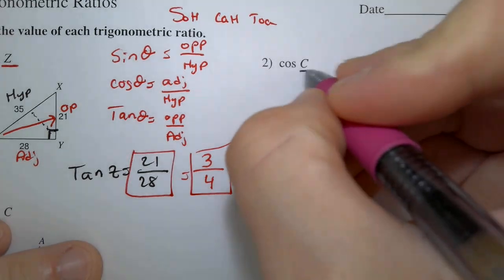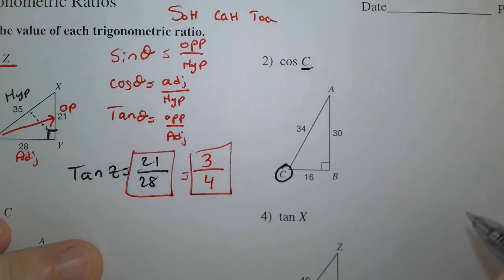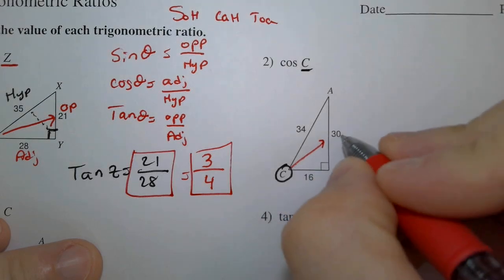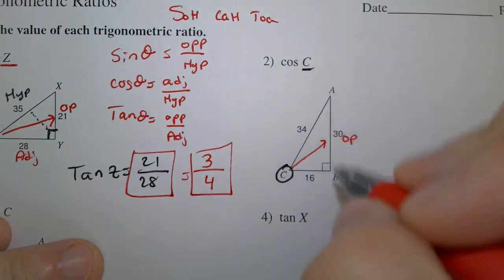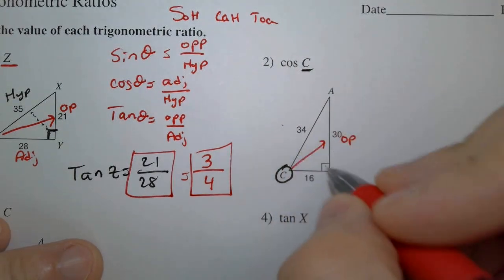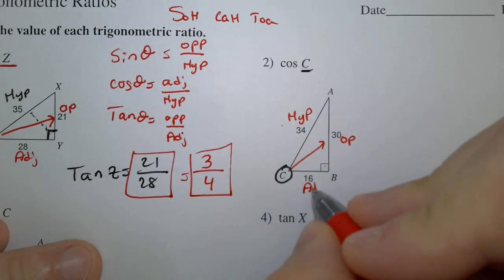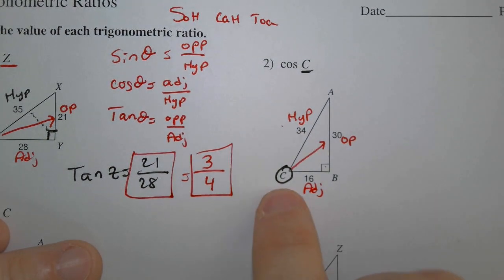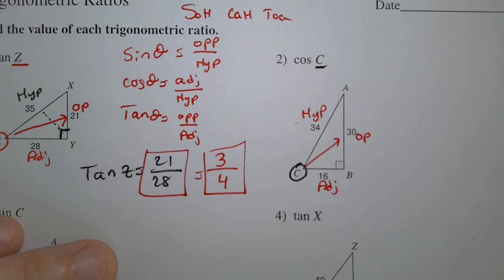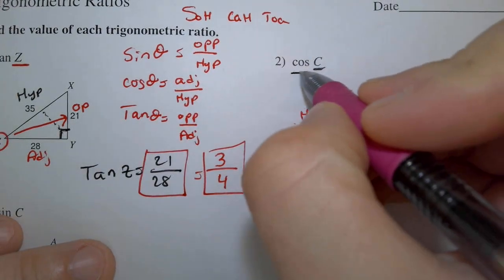Cosine of angle C. Here's angle C. We need to go across from angle C to label our opposite side. We need to go across from the right angle to label our hypotenuse, and that means our leftover next to angle C is the adjacent. Okay, this time we're looking for cosine.